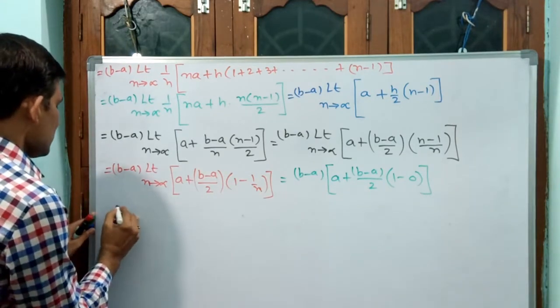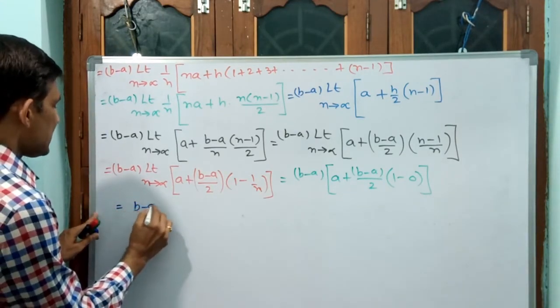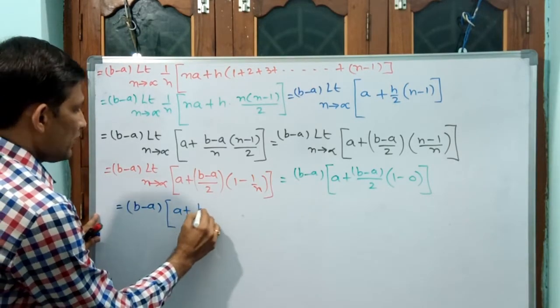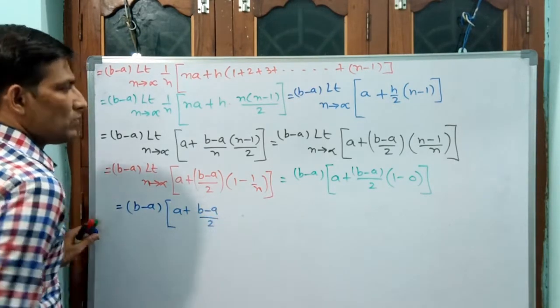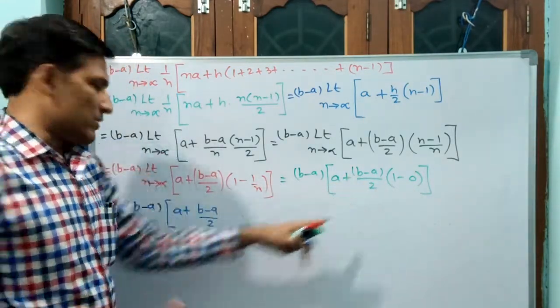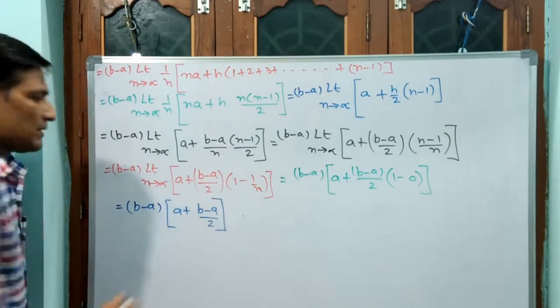That is equal to b minus a into a plus b minus a by 2, because 1 minus 0 is 1, and 1 into b minus a by 2 is b minus a by 2. Close.